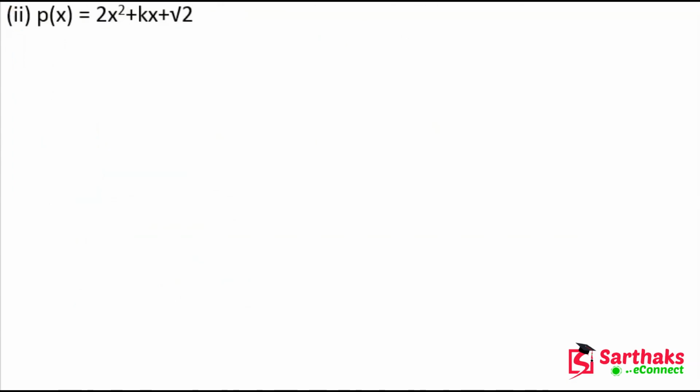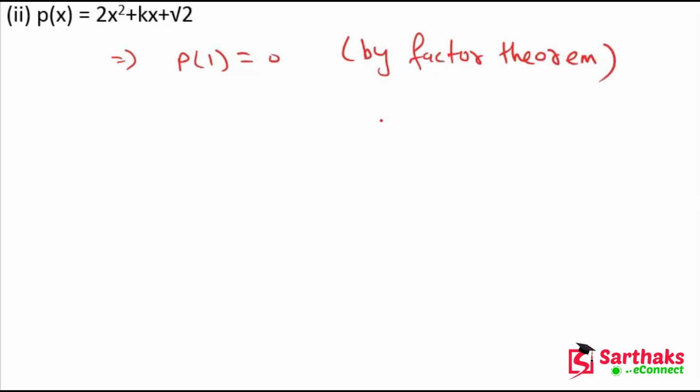Now in this case, again we can write p of 1 equals 0, by the factor theorem, because x minus 1 is a factor of p of x. So we get 2 into 1 square plus k into 1 plus root 2 equals 0.